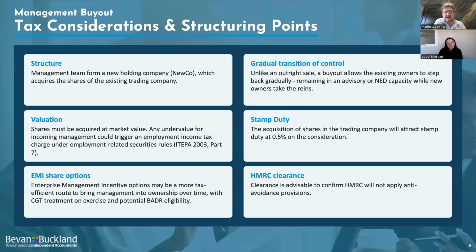Even £50,000 might not be raisable. One way of dealing with that is to give those individuals EMI options that don't cost them any money at the point that they are granted the options, and they can get those options with a discount. So that £50,000 kind of entry requirement could effectively be reduced down to, say, £12,500 by using the EMI share option route.